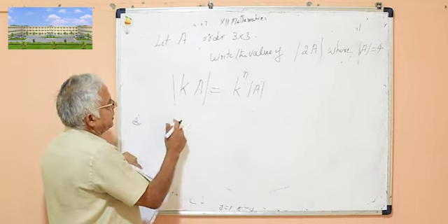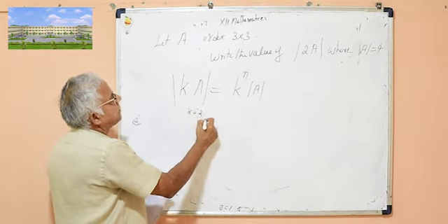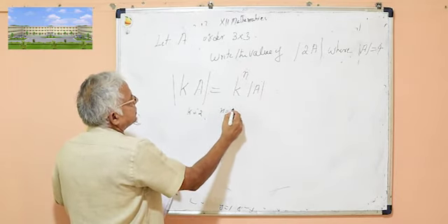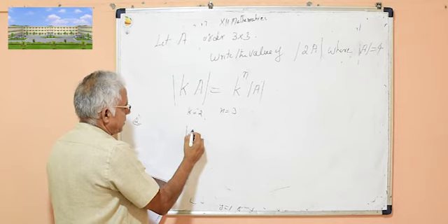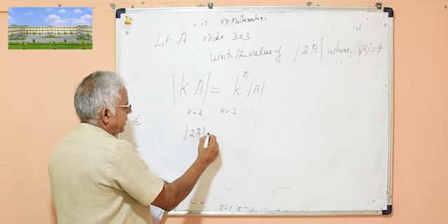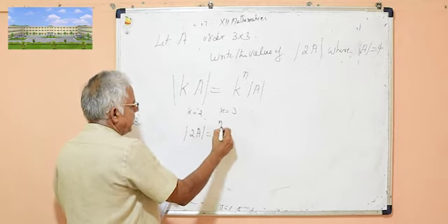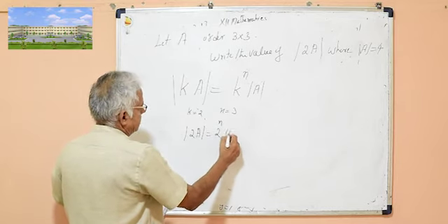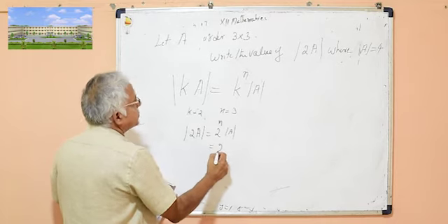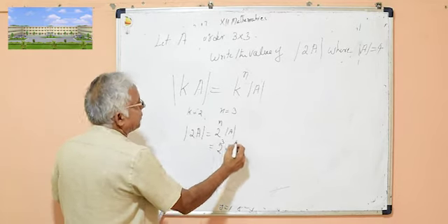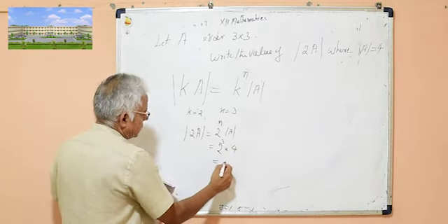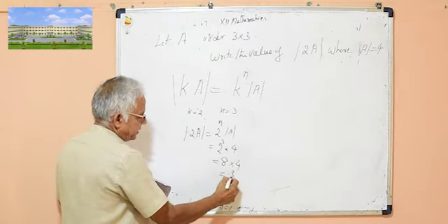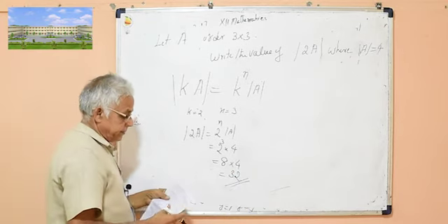Here k is equal to 2 and n is equal to 3. Therefore, determinant of 2A is equal to 2 raised to 3 into determinant of A, given as 4. 2 raised to 3 is 8, 8 into 4, the answer is 32.